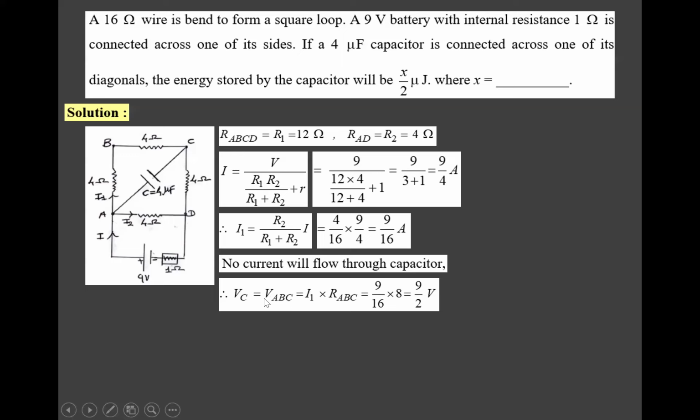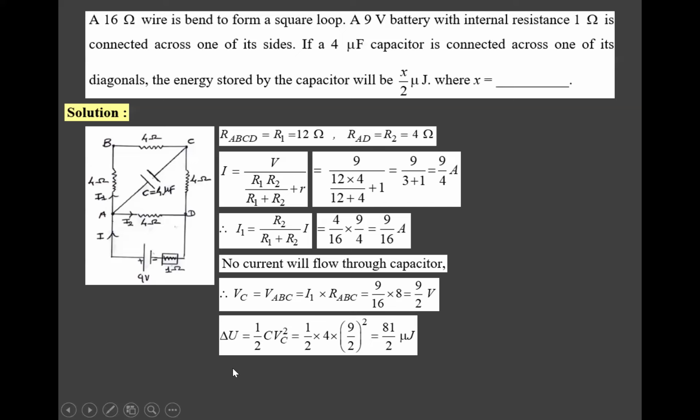So, voltage across ABC, that is current through ABC, that is I1 into resistance of ABC. I1 is 9 by 16 and resistance of branch ABC, that is 8. So, voltage across capacitor, that is 9 by 2 volt.